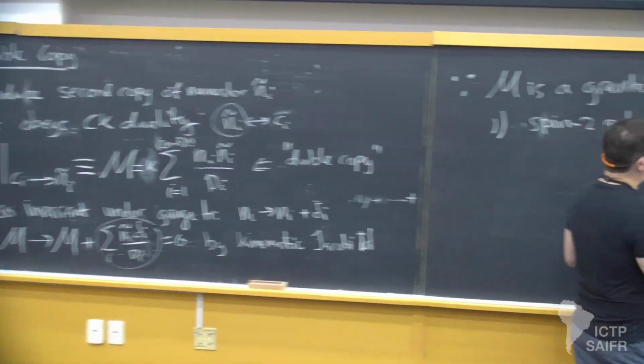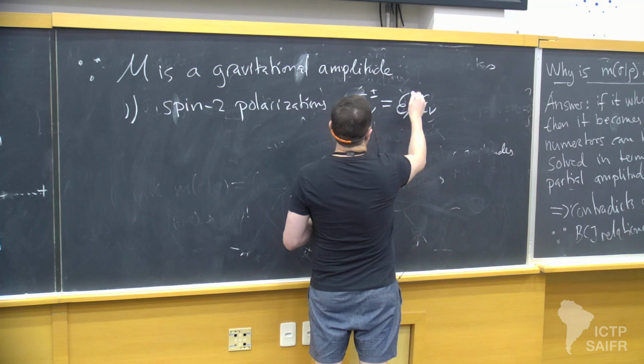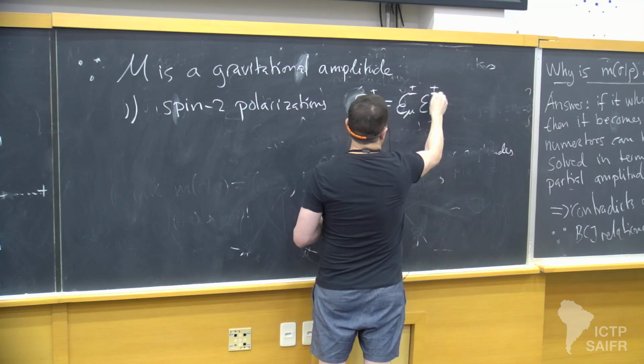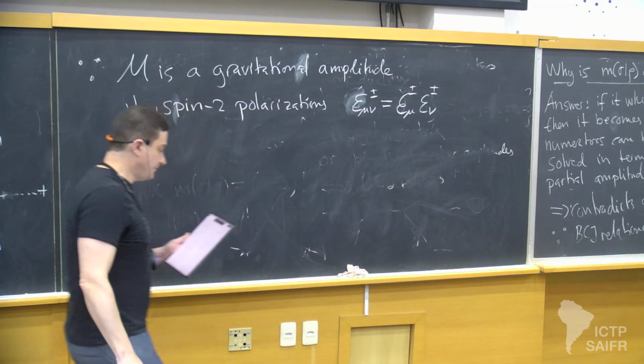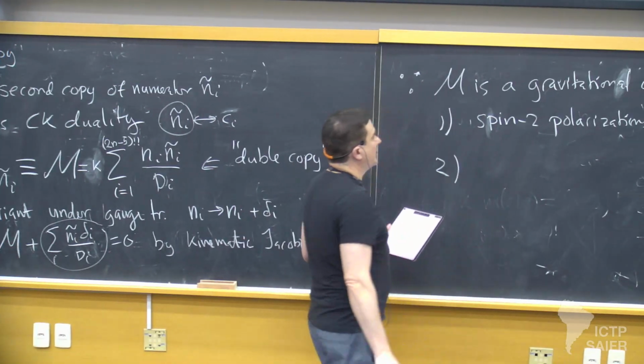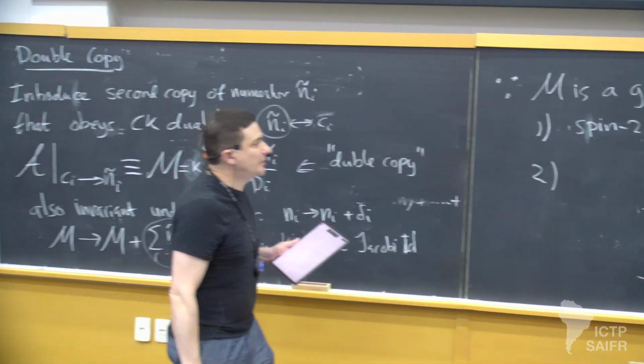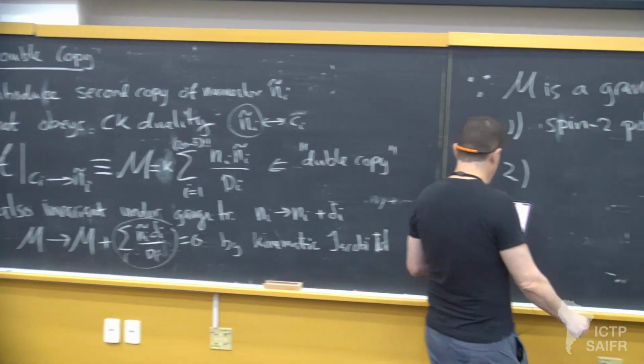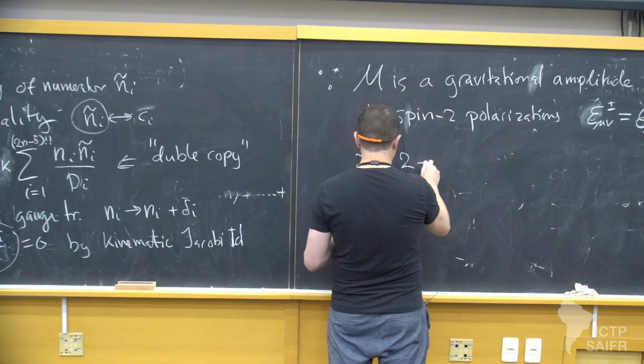So for example, if you're in 4 dimensions, you can always choose circular polarization, and then they're going to be null. Okay, so we just argued that whatever the amplitude contained, it contained spin 2 polarizations. It also contains two derivative interactions.